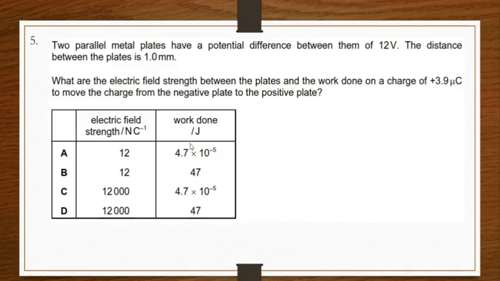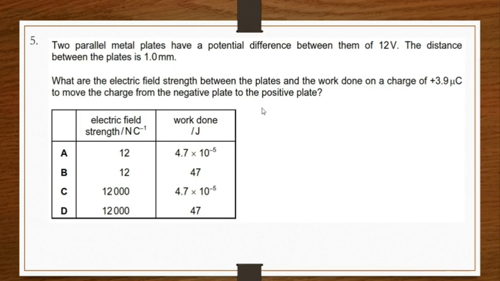Number 5. Two parallel metal plates have a potential difference between them of 12 volts. The distance between the plates is 1 millimeter, and we want to find the electric field strength between the plates and the work done on a certain charge, given the charge, to move the charge from the negative plate to the positive plate.